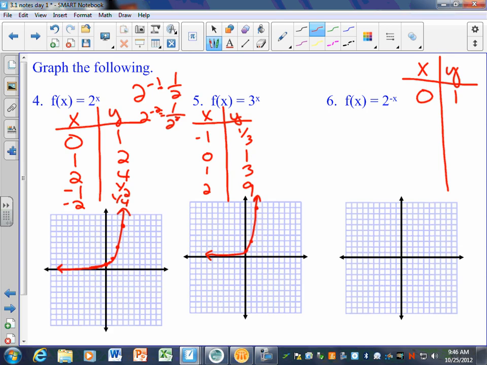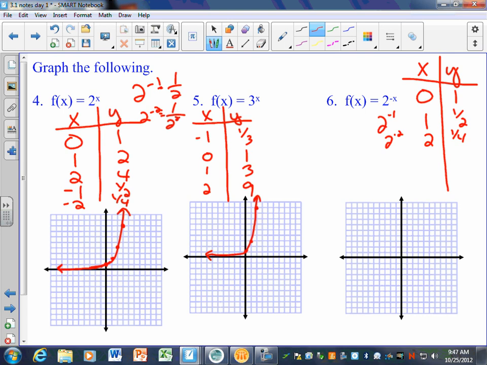But what happens now when I plug in positive numbers? What happens if I plug in positive 1 into 2 to the negative x? When I plug in positive 1, I'm going to get 2 to the negative 1. So now I'm going to get fractions on that side, right? If I plug in positive 2, I'm going to get 1/4.